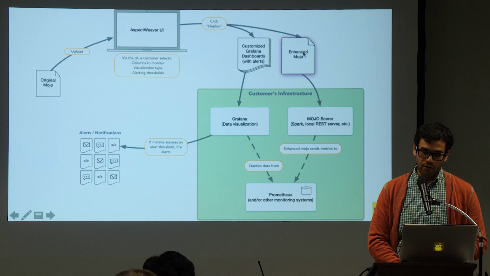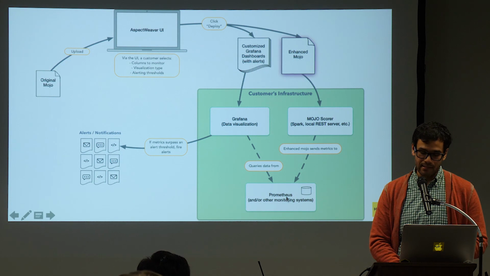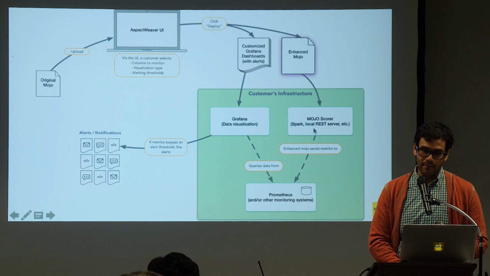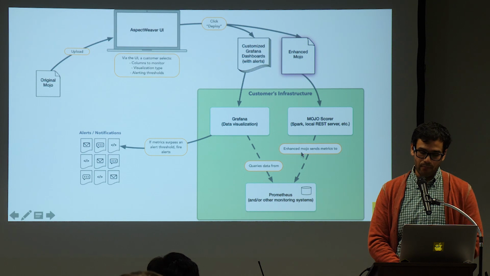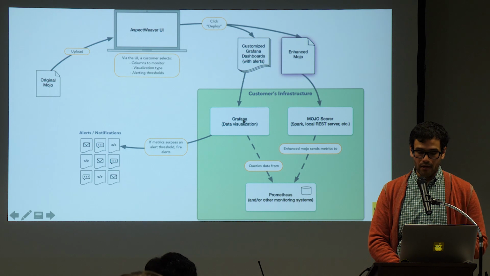When you deploy it to your production environment, assuming that you have a tool for visualization like Grafana and some metric store, in this demo I was using Prometheus, this enhanced mojo would communicate and send metrics at different parts of the pipeline to your metric store. And of course, you can run queries either manually or through a data visualization tool like Grafana.